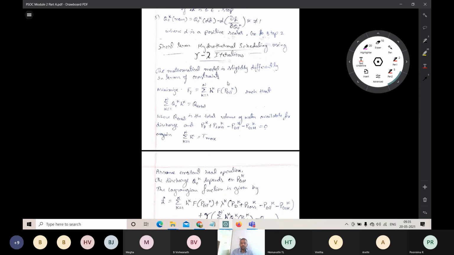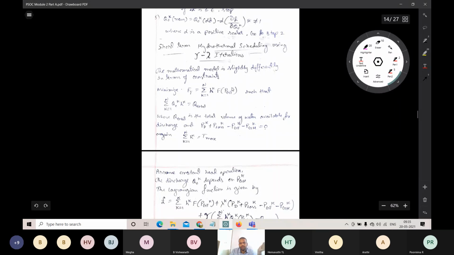So what does that actually mean? We use a mathematical model which is slightly different from the earlier one, though the same constraints are used here also. FT is the production cost, the fuel cost of thermal, using HK times F of PGTK.